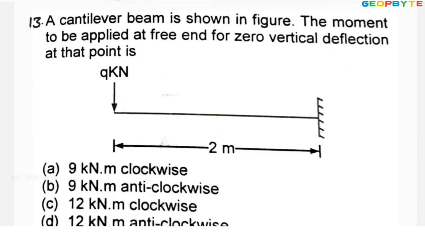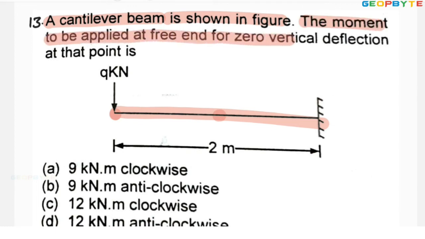Look at the 13th problem. A cantilever beam is shown in figure. This is the cantilever beam. The moment to be applied at the free end for zero vertical deflection at that point.